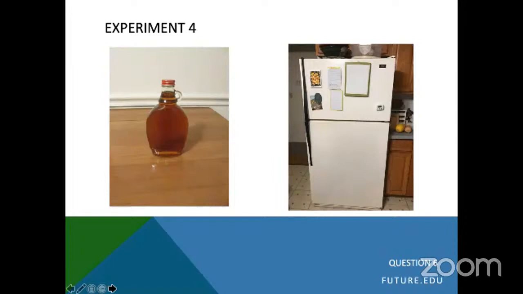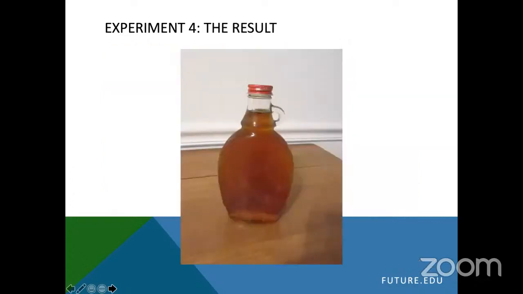What would happen if I took a bottle of maple syrup, put it in the freezer, the next morning, there's your next question, what's it going to look like? The answer's right there, okay?